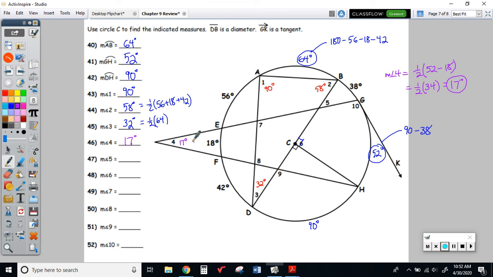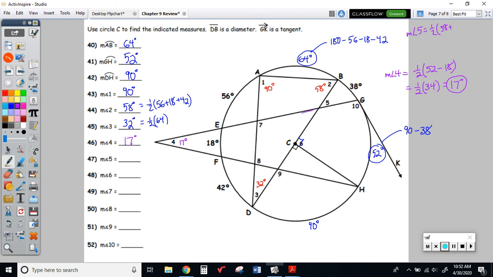The measure of angle 5, looks like this is one where it's intersecting on the inside of the circle. So I'll do that work up here for that one. Intersecting on the inside, we're doing 1/2 of the angle's intercepted arc and its vertical angle's intercepted arc. So it would be 1/2 of 38 plus its vertical angle's intercepted arc, which would be 18 plus 42.